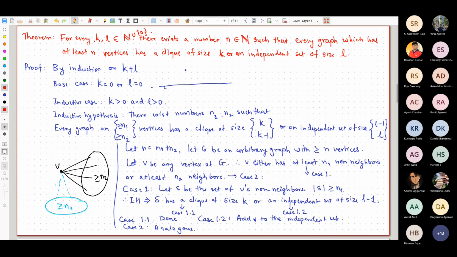Which is why we assumed that the claim is true for (k, l minus 1), and we are allowed to assume that the claim is true for (k minus 1, l). So the claim is true for all k prime, l prime such that k prime plus l prime is strictly less than k plus l. Therefore the claim is true for these two pairs also. Okay?